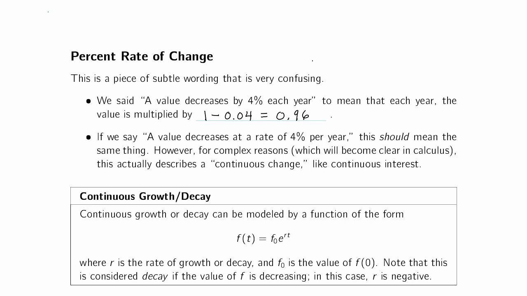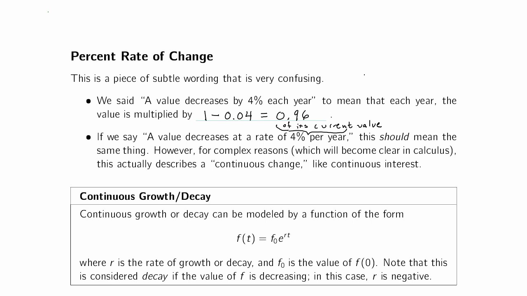If we say a value decreases at a rate of 4% per year, this should mean the same thing. Unfortunately, it doesn't. Hidden in this statement is a 4% of its current value.